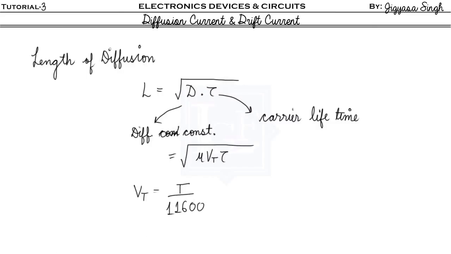This was the formula for Vt, thermal voltage. Well, that's all you should know about diffusion current and drift current in terms of GATE.